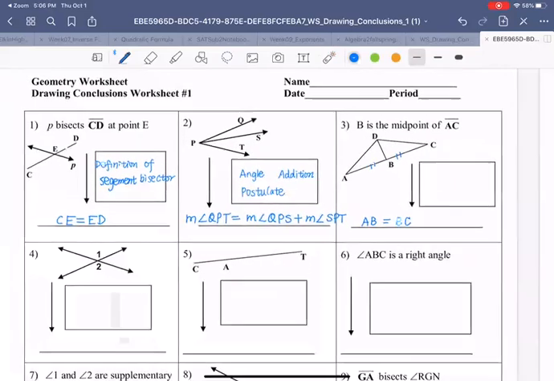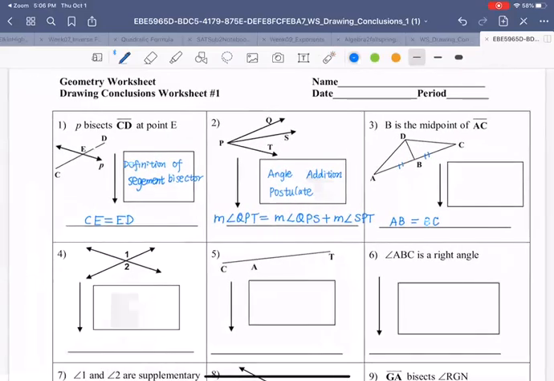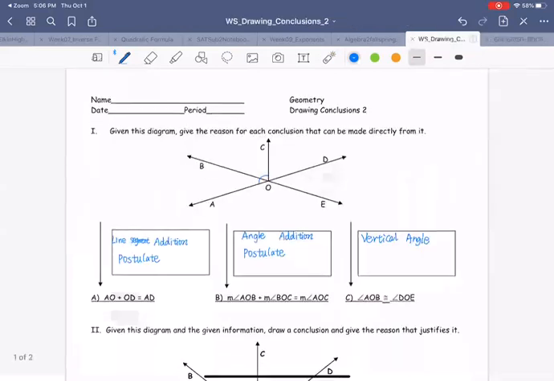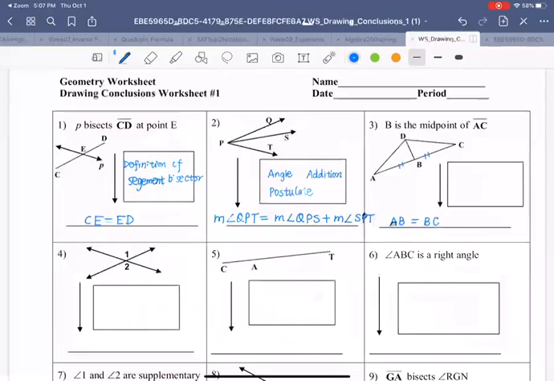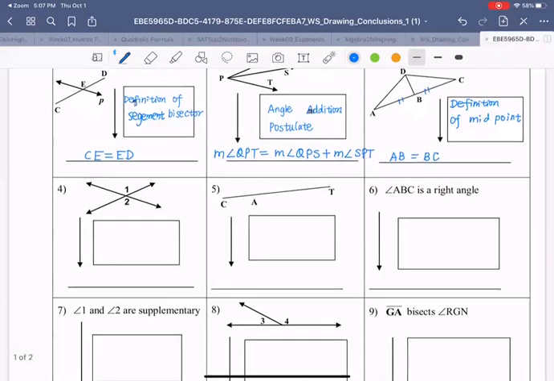So you write down definition of midpoint. Next one, definition of midpoint.